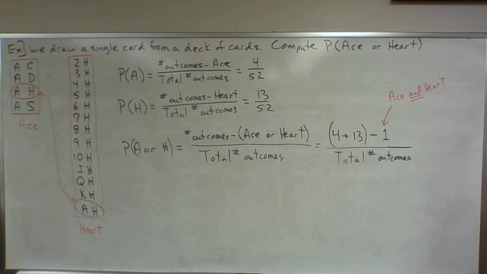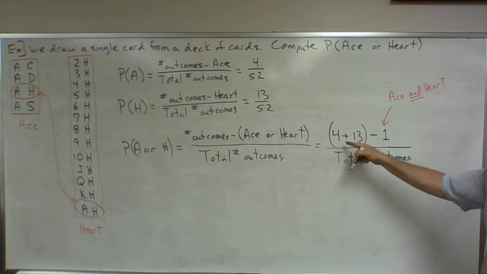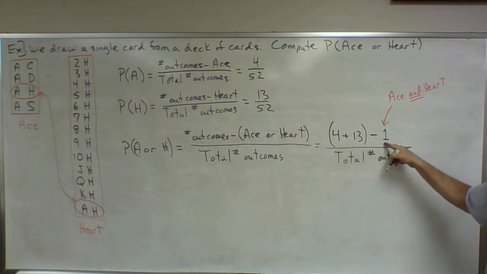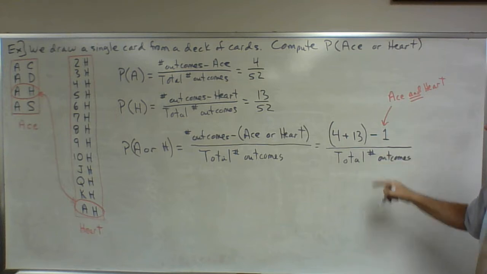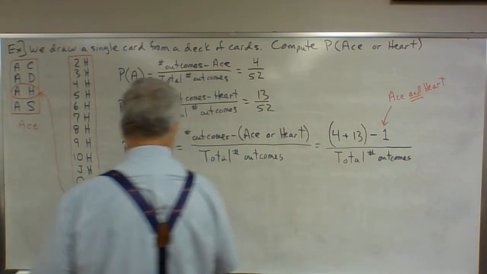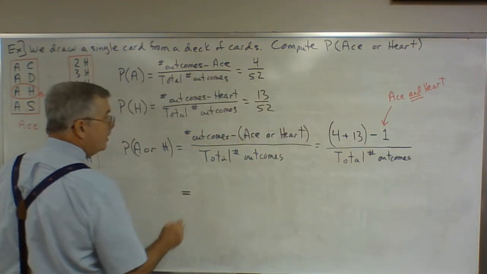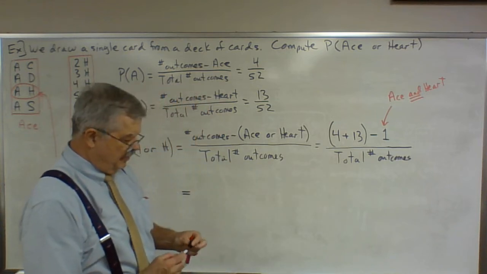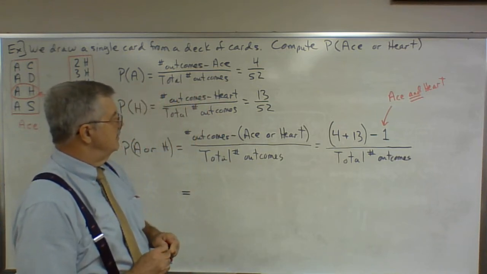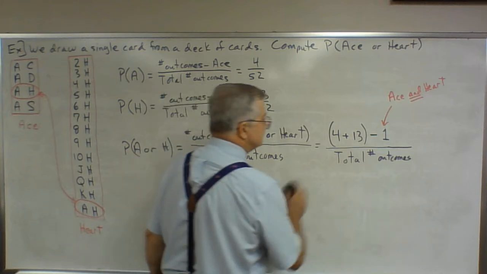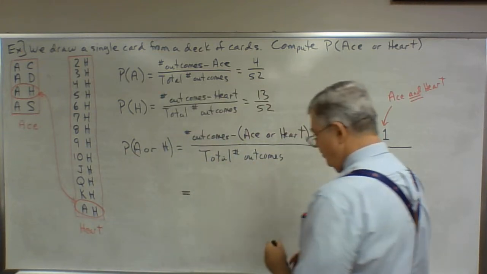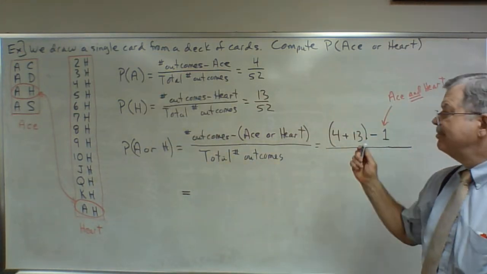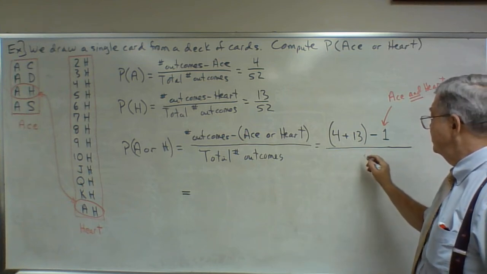Tell you what, let's take each term of the numerator and write it as a separate fraction over the denominator. So I'll take this 4, put it over the total number of outcomes, 52, right?